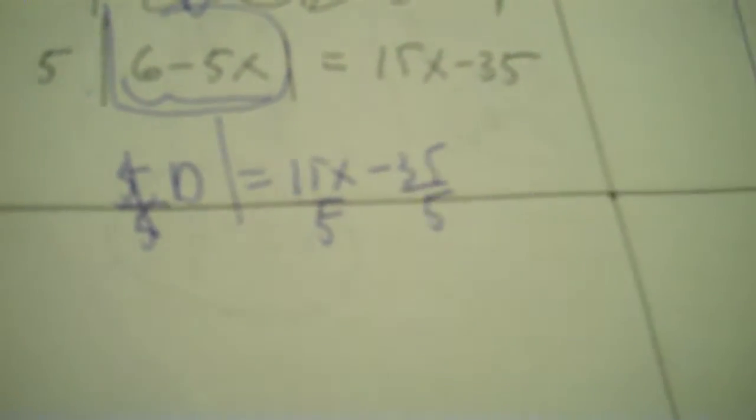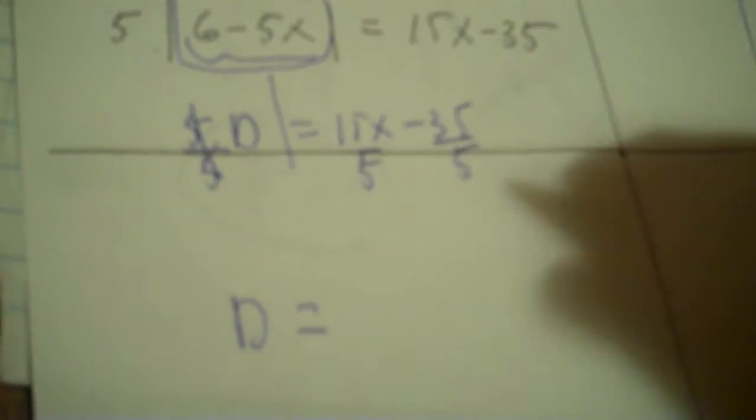Okay, inside you got 6 minus 5x. Now replace that with d, but this time the d is going to have a coefficient. It's going to be 5d equals 15x minus 35. Now in order to know what d is, we're going to have to divide by 5. But then you have to divide both of these terms by 5 separately since they can't be combined.